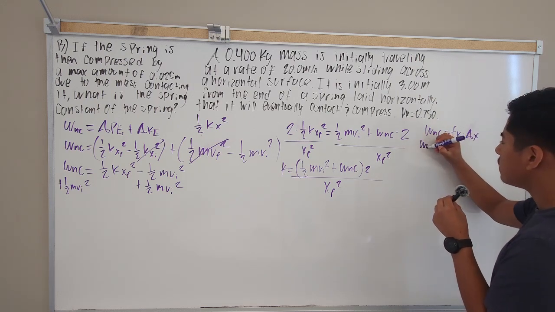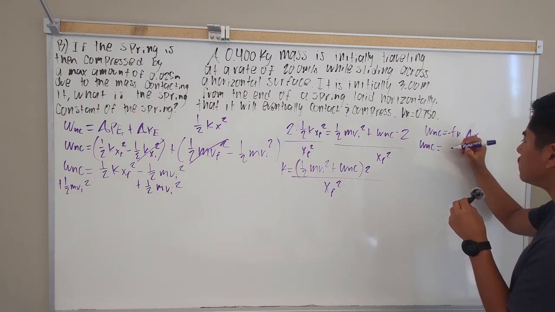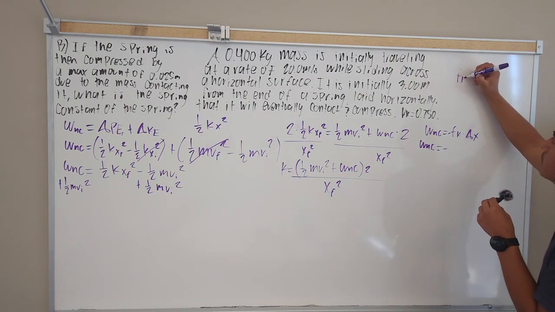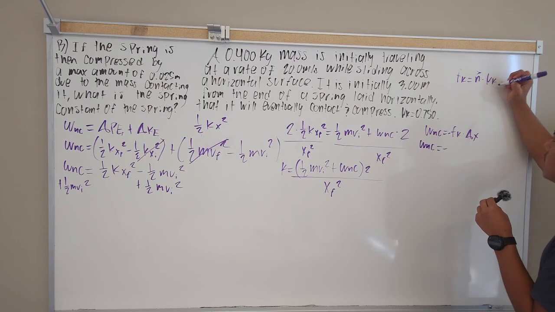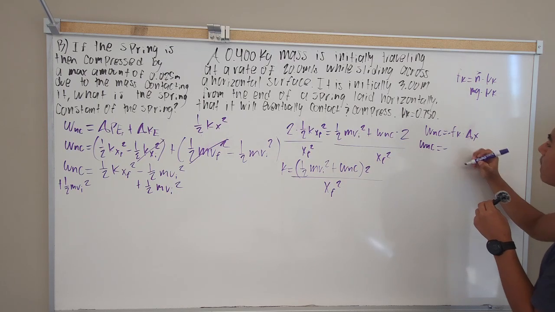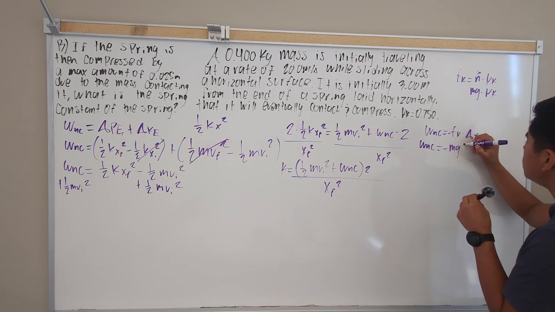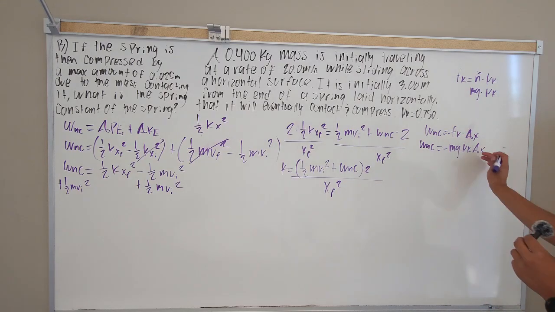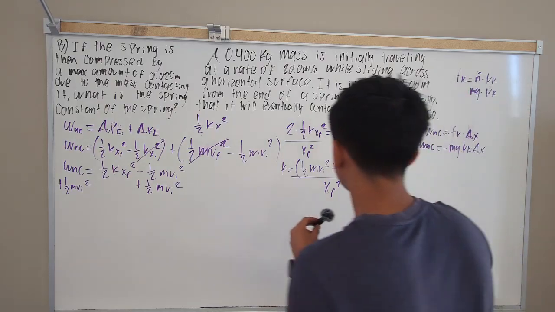So then the work done by the non-conservative forces is negative, and the force of friction is given by the normal force times mu k, or mg times mu k. So then it's going to be negative mg mu k multiplied by delta x. And we can go ahead and plug that in right here.